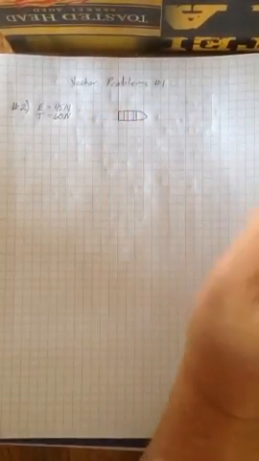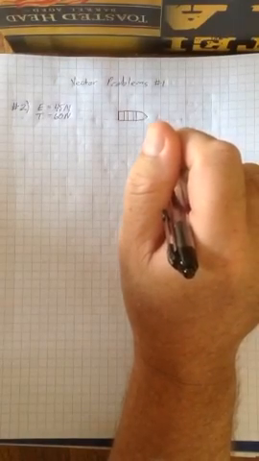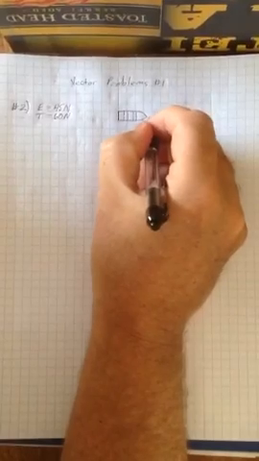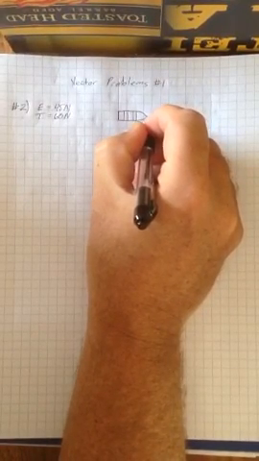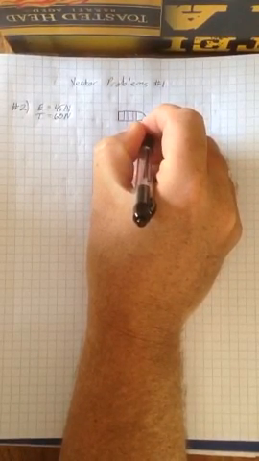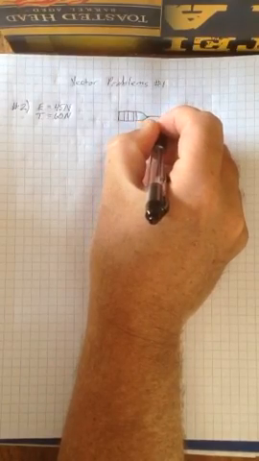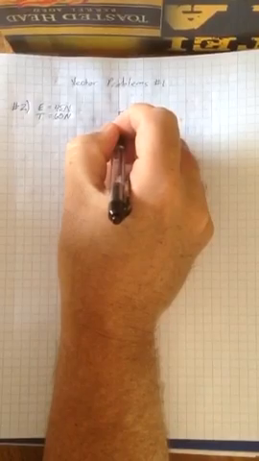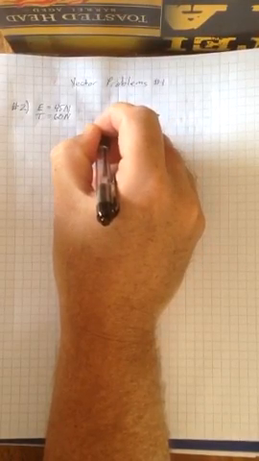Okay, so the story says that Erica dives off the front of the boat. So she goes off this direction here. And Troy dives off this direction here.